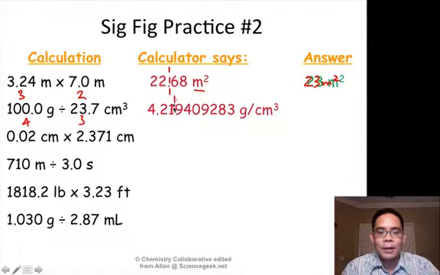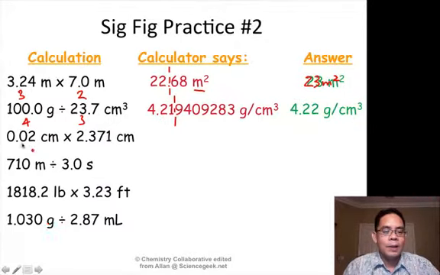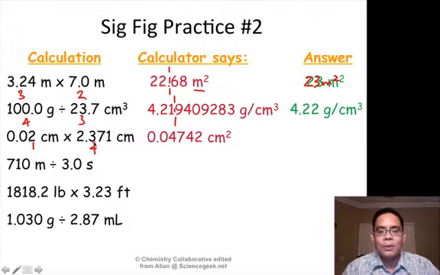My first 3 I cut off right here, and the 9 causes the 1 to round up, giving me 4.22 grams per centimeter cubed. In the next one, I only have 1 sig fig, and this one has 4 sig figs. When I multiply these two, I get 0.047242 centimeters squared, because centimeter times centimeter is centimeter squared. Again, I only want 1 sig fig, so I cut off right here. The 7 makes that round up, and I get 0.05 centimeters squared.